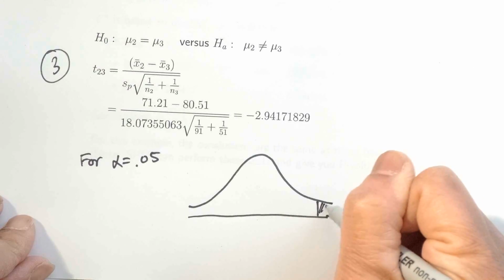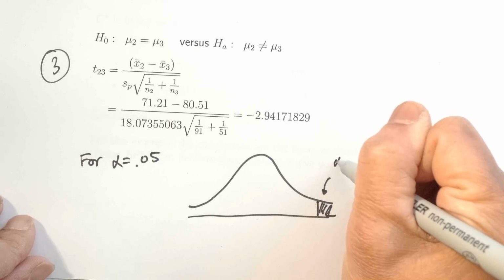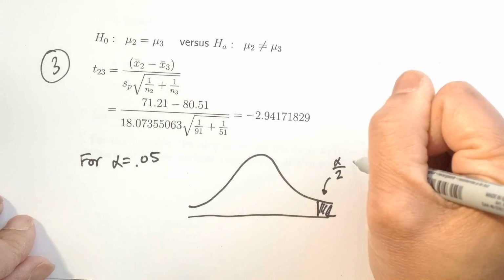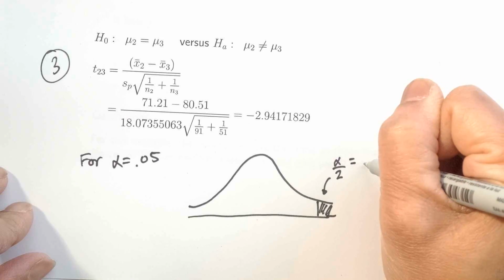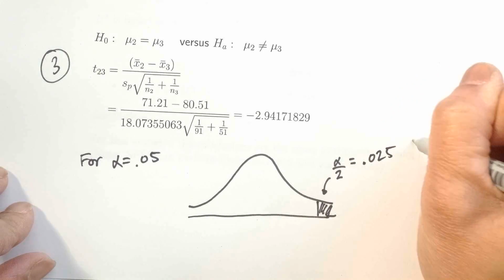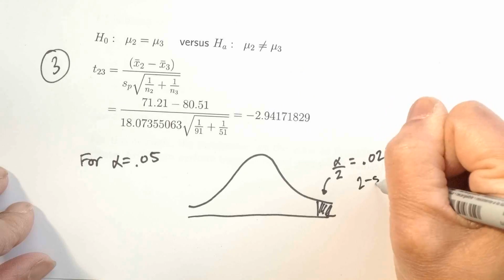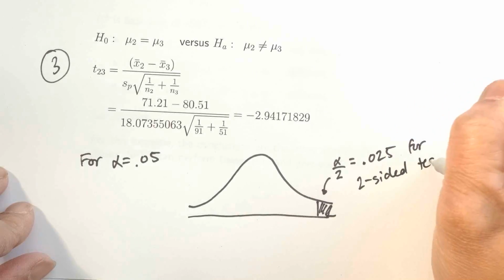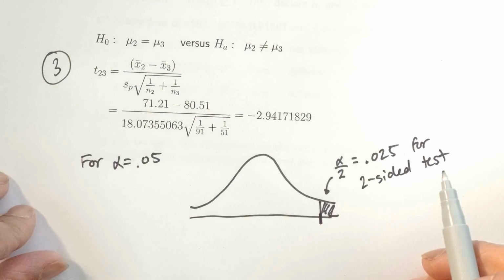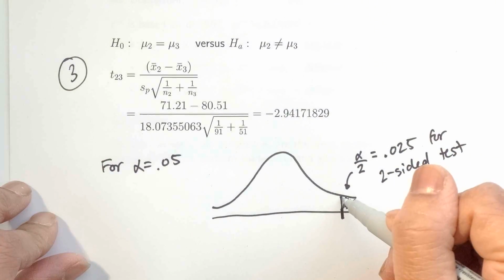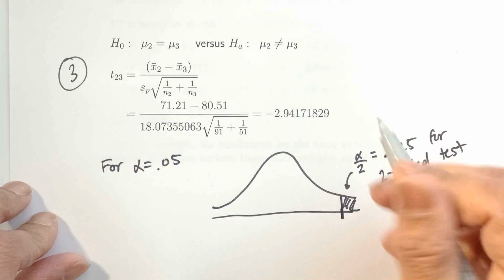And what we have up here is our alpha over 2 for a two-sided test. And if alpha is equal to 0.05, it's going to be 0.025 for a two-sided test. And the t star value is the t value that corresponds with this alpha level.